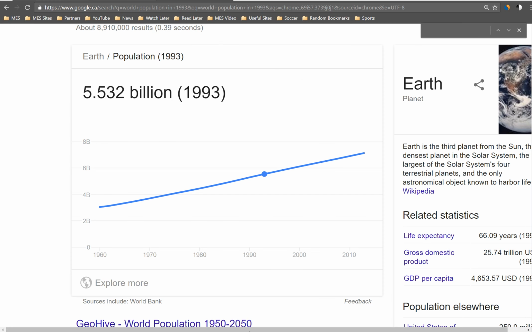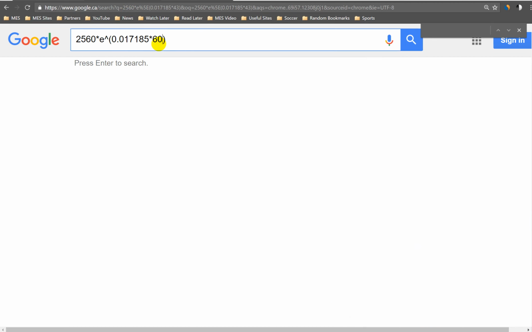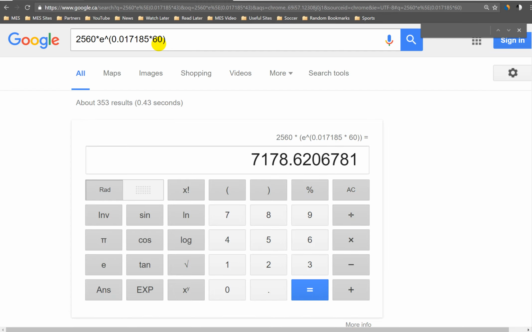So let's type this in again in our calculator. Here's our original calculation, times by 60, and we get about 7178.62, etc.